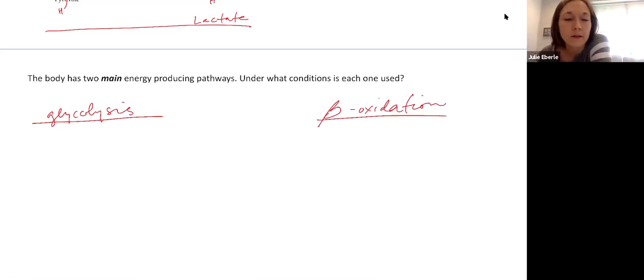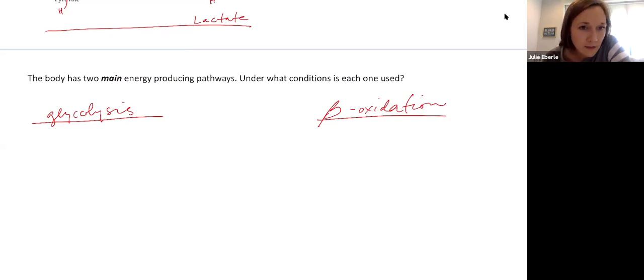Okay. So I want to be simple here. When glucose is in good supply, or when we have glycogen storage, we'll run glycolysis. Why? Because it's quick, it's easy. There's few steps. The breakdown of the storage molecule is simple.